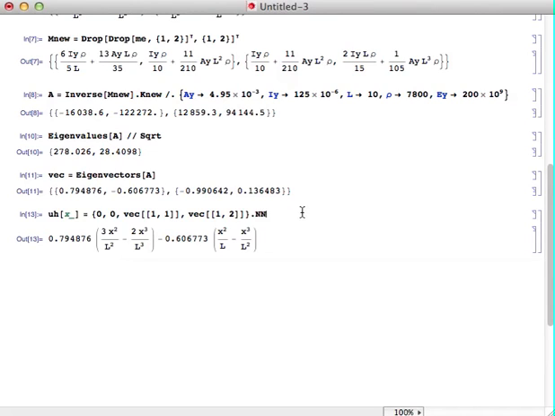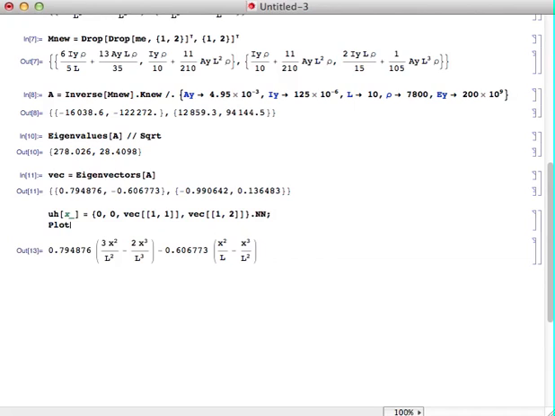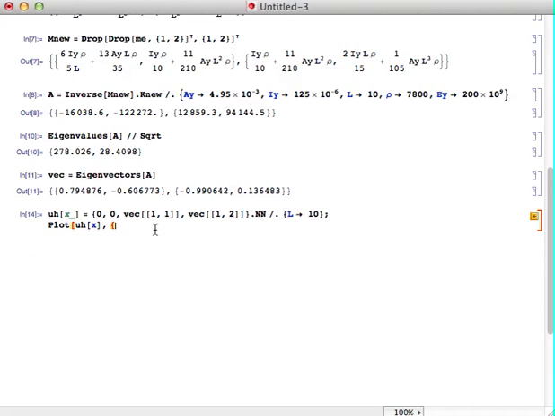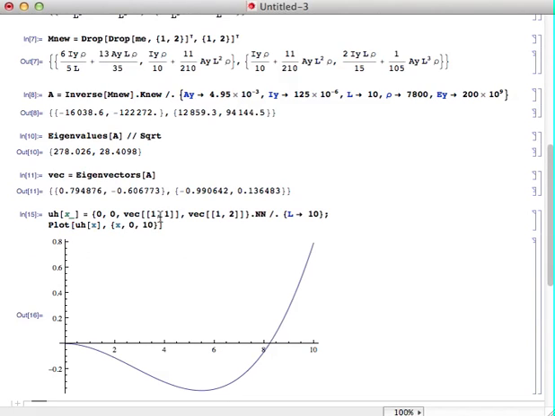And if we plot this, it should give us a picture of what, well, I'll have to plug in a value of L. Okay, so that is what one of the modes looks like, in particular, the second mode.